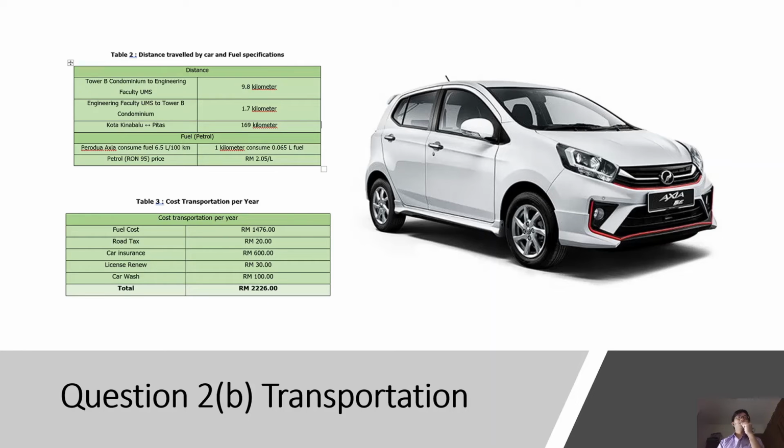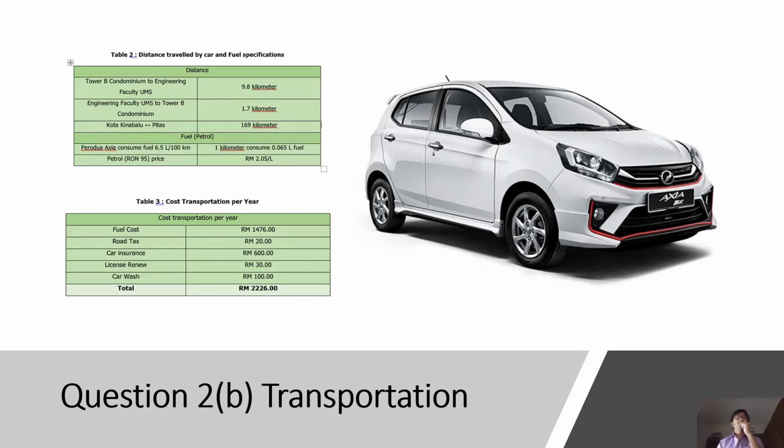The Axia consumes fuel 6.5 liters per 100 kilometers, and 1 kilometer consumes 0.065 liter. The petrol used by the Axia is 2 ringgit and 5 cent per liter. So the cost of transportation per year, the fuel cost, is 1,476 ringgit.